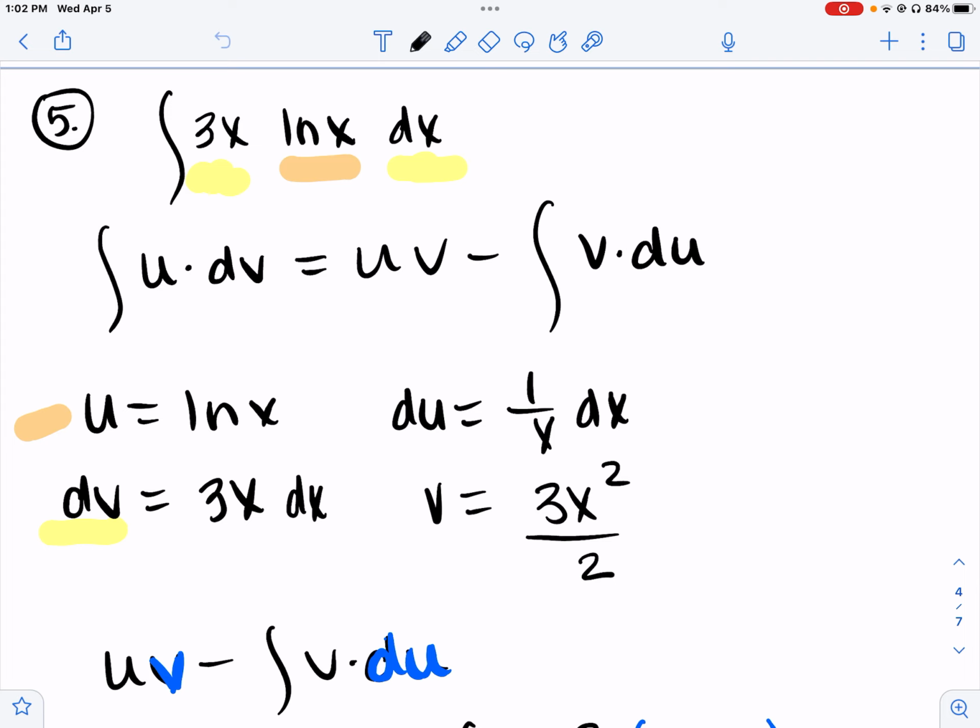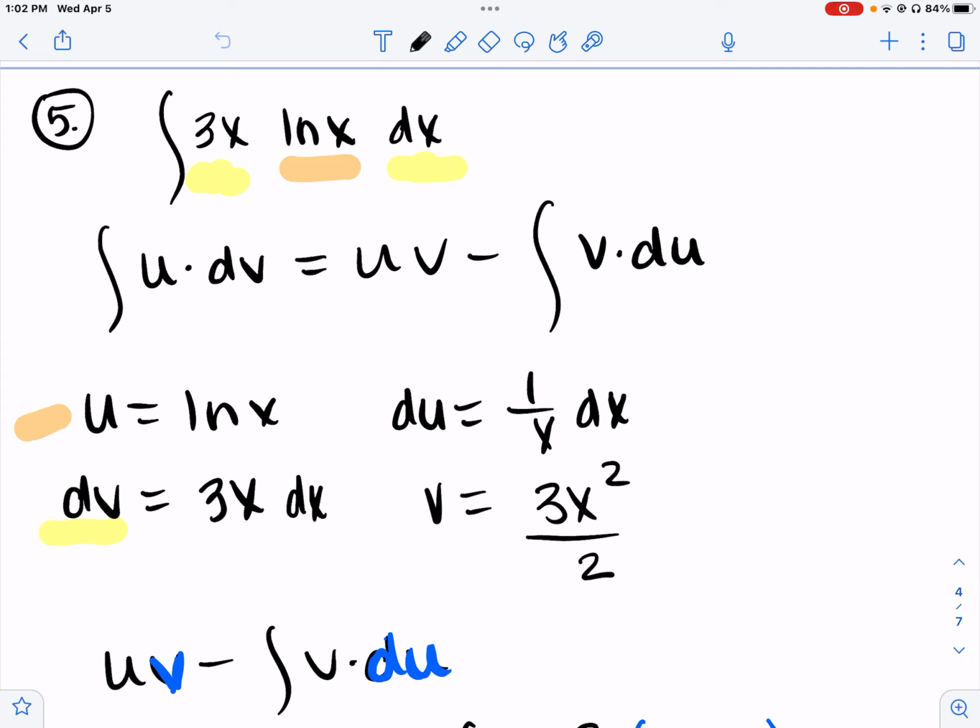Number 5, we have two separate functions, so we're going to use integration by parts. So the original problem needs to be split up into u and dv. U needs to get easier when you take the derivative. So the derivative of ln of x is 1 over x. That means 3x dx is our dv. dv means the derivative. To get v, we integrate.